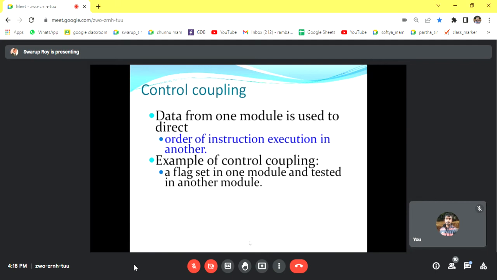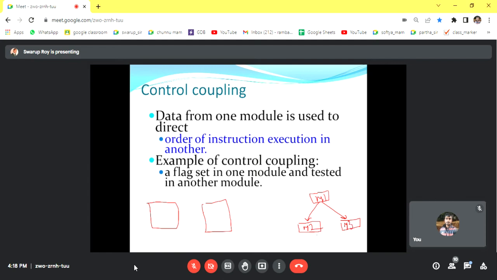Now, communication between module and module happens whenever we draw, say, a structure chart like this: this is M1, this is M2, this is M3.